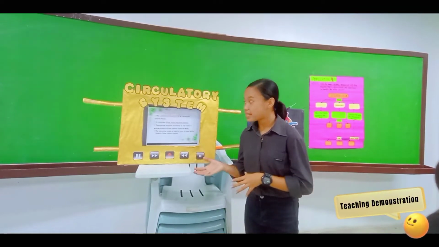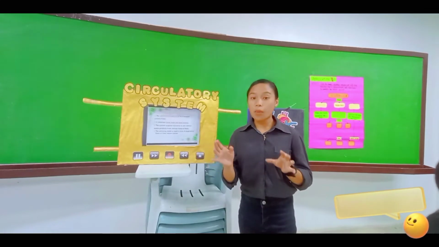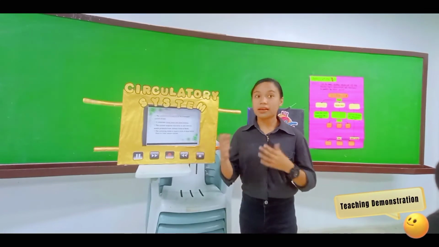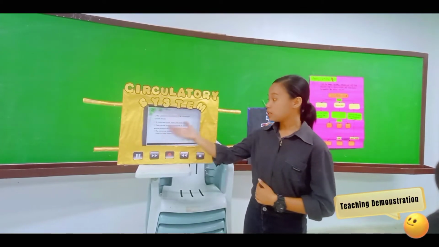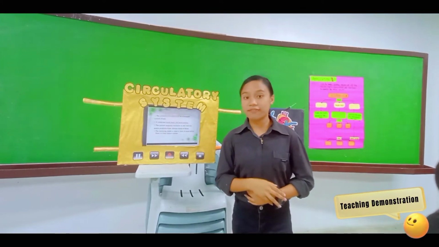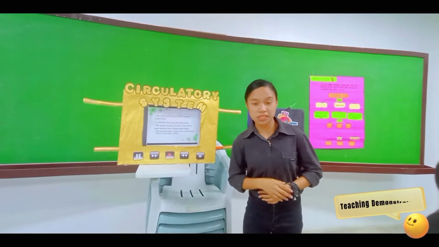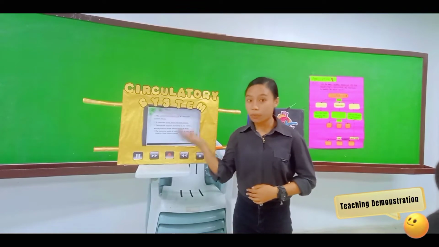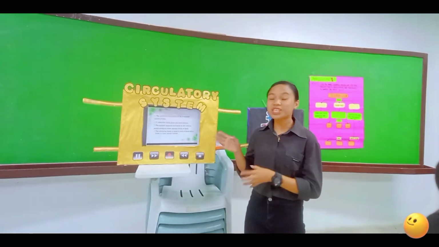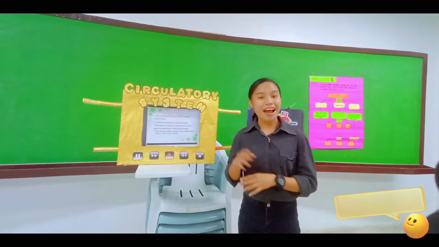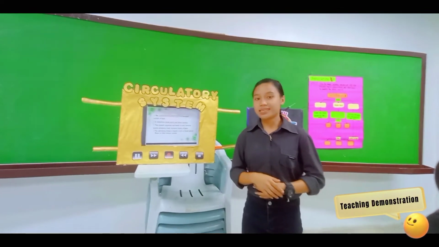Yes, class, it comprises the blood, the heart, and the blood vessels. So we have three parts of the circulatory system: the blood, the heart, and the blood vessels. That would be the definition of our circulatory or cardiovascular system.